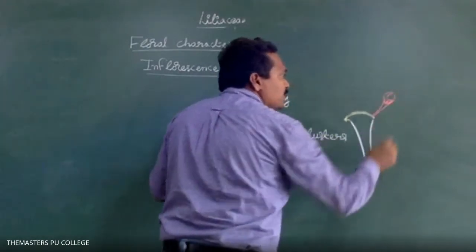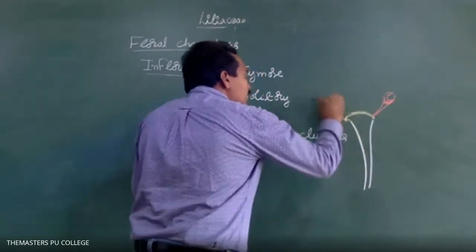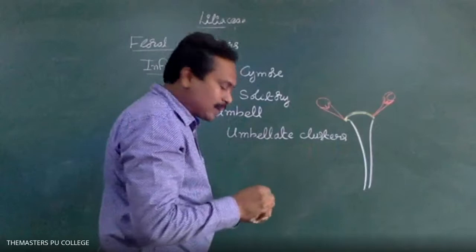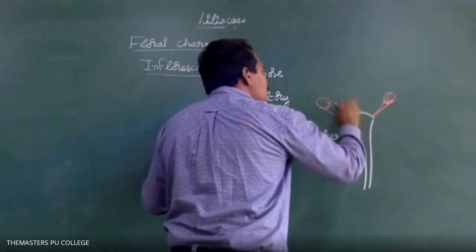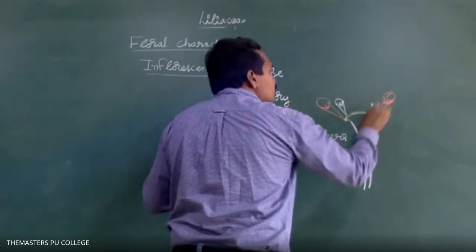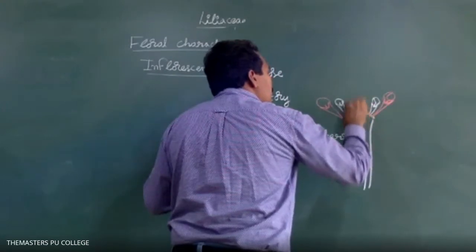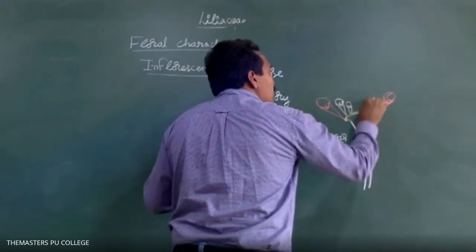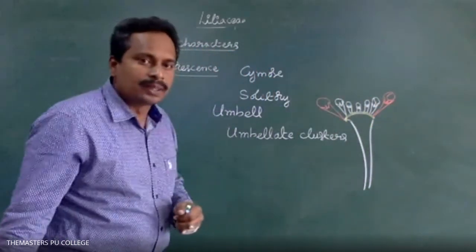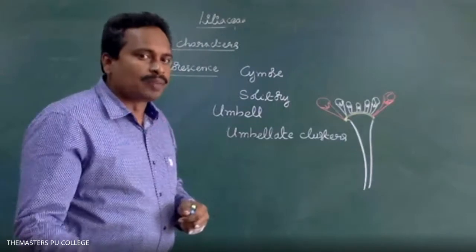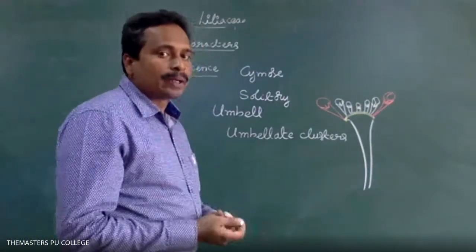The first formed flowers are present towards the periphery, whereas the younger ones are present towards the center. So flowers are arranged in centripetal manner.